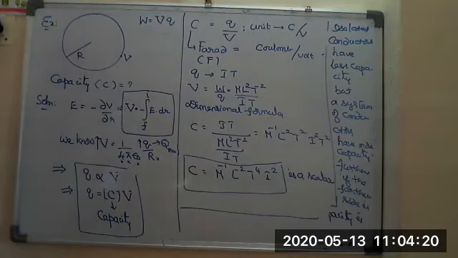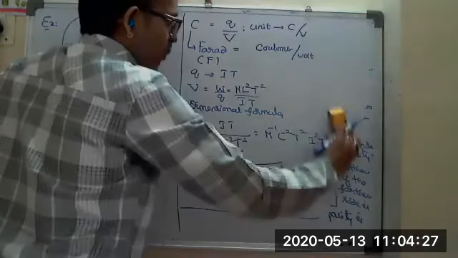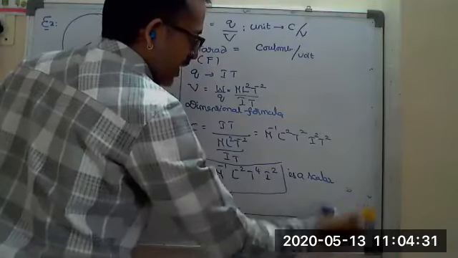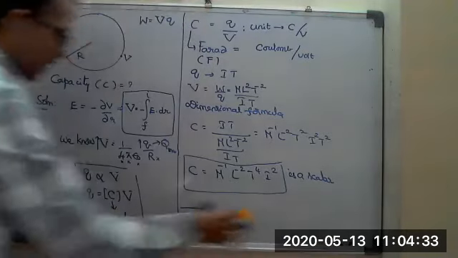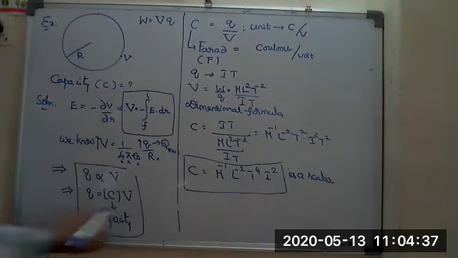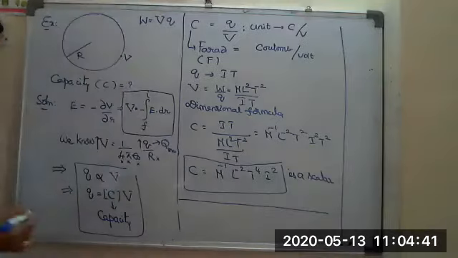Basic things. Now coming back to my example, I asked what is the capacity of the spherical conductor? That is my question. So coming back to the solution, what is the capacity? Look at the formula.